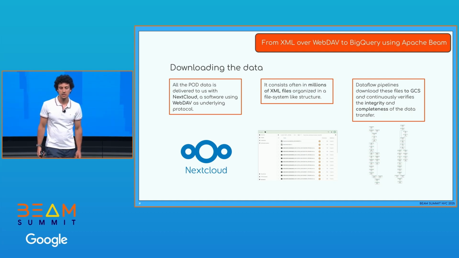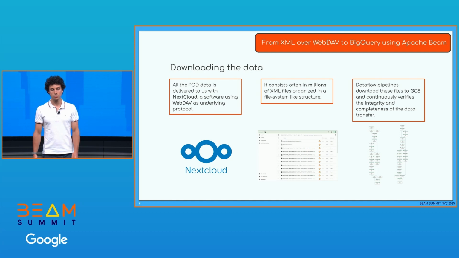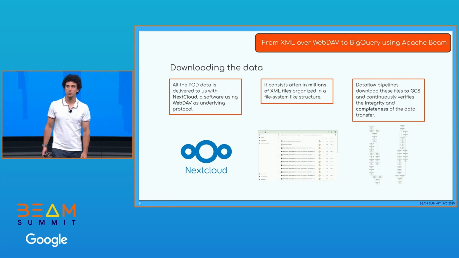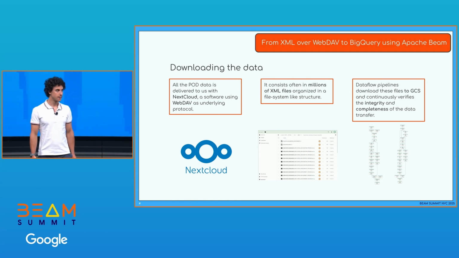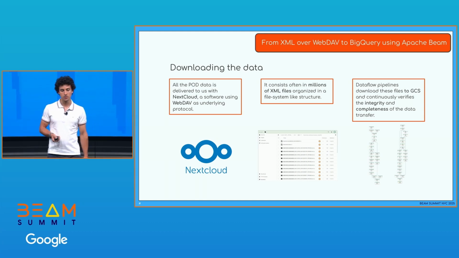So we use Dataflow pipelines, two of them: one is the main one, and the other is just an error correction pipeline, to download these files to Google Cloud Storage buckets. At the same time, we verify the integrity and the completeness of the data transfer.